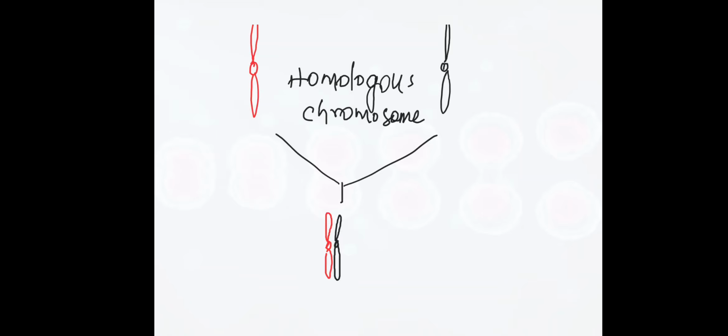This synapsis often starts when the homologous ends of the two chromosomes are brought together. So these are brought together on the nuclear envelope and they proceed inward in a zipper-like manner. Here there is a zipper.